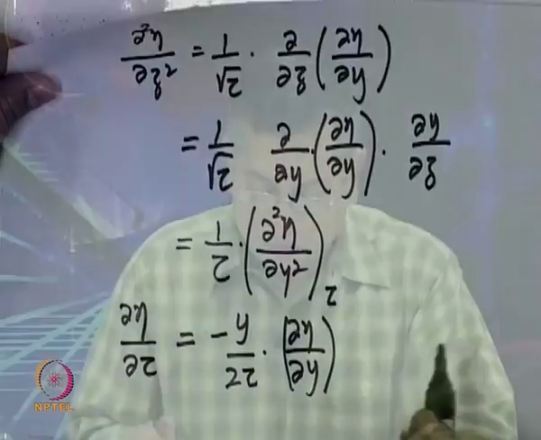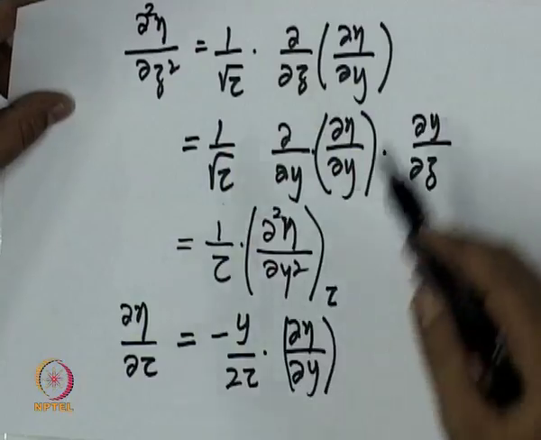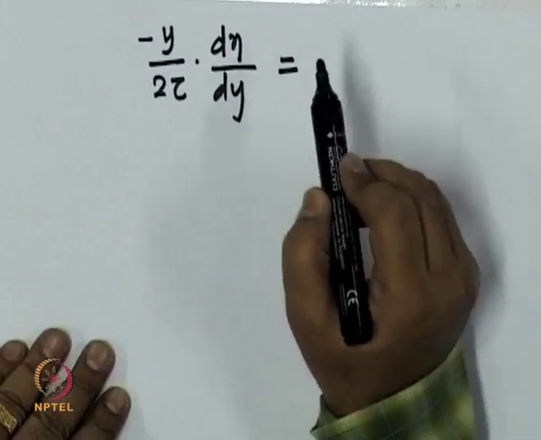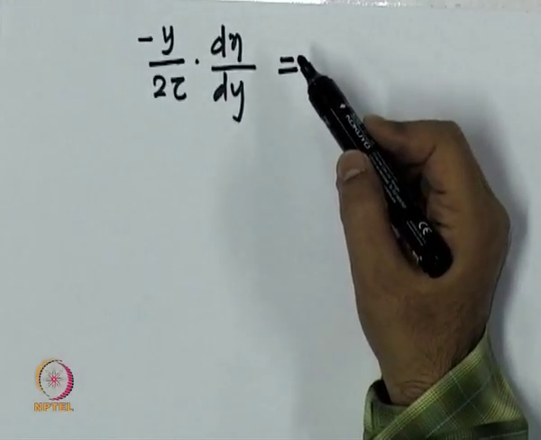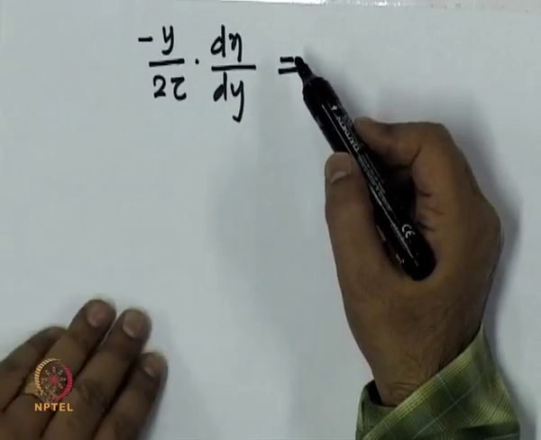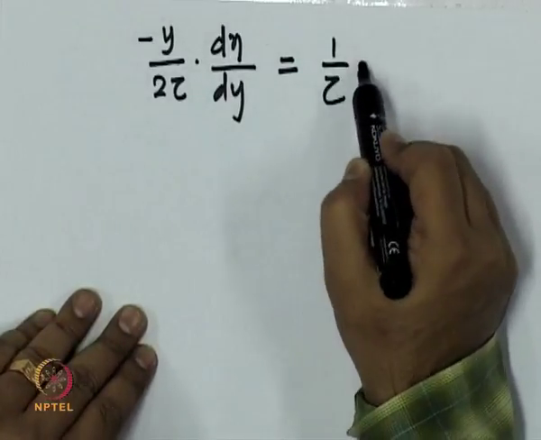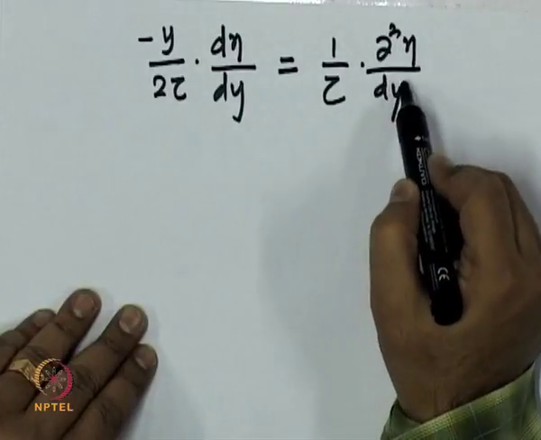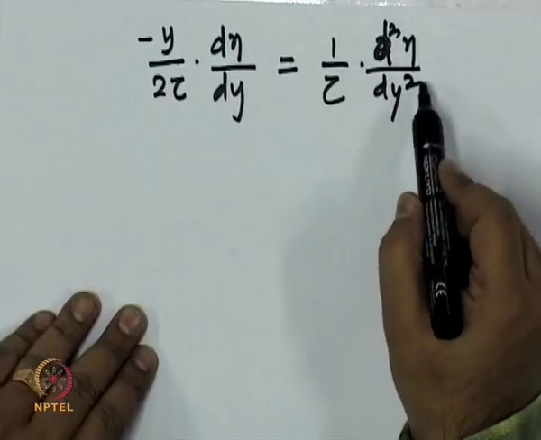Now let us equate these quantities. Minus y by 2τ dη/dy is equal to the other quantity we derived, which is 1 by τ d²η/dy².